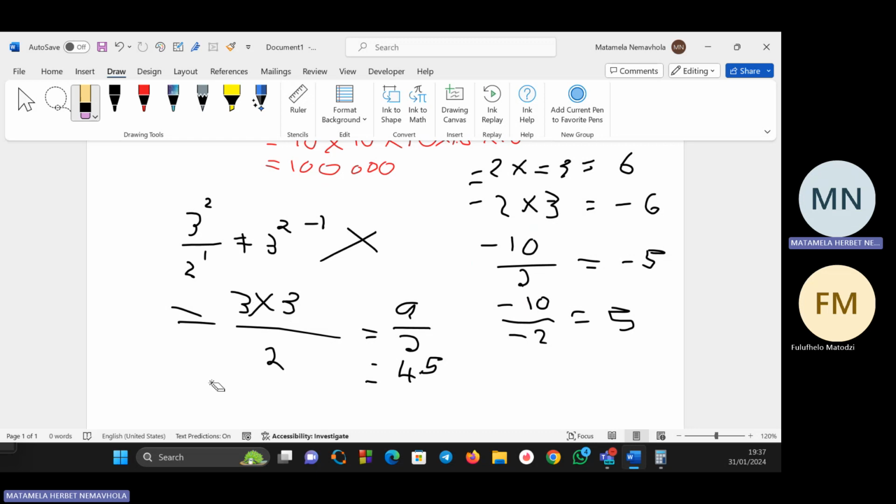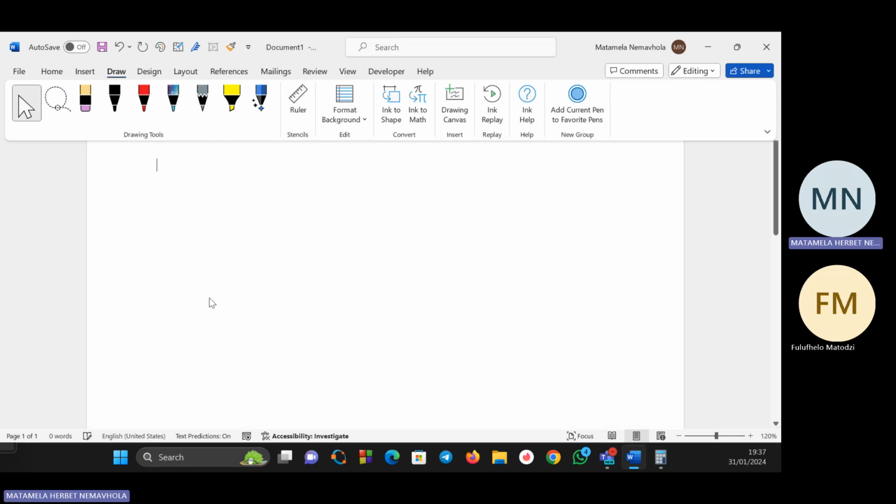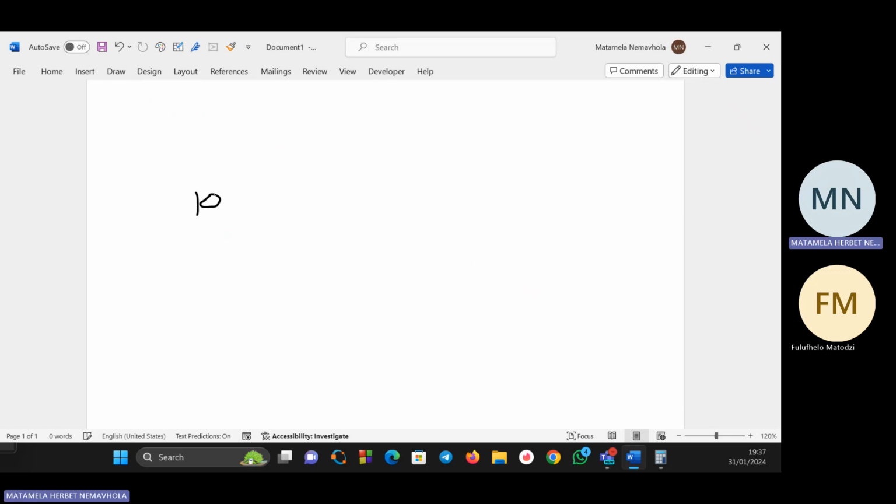Let me do one more example when we are dividing. Let's say we have 10 to the power 3 divided by 3 to the power 2. If you see here, these bases are not the same.